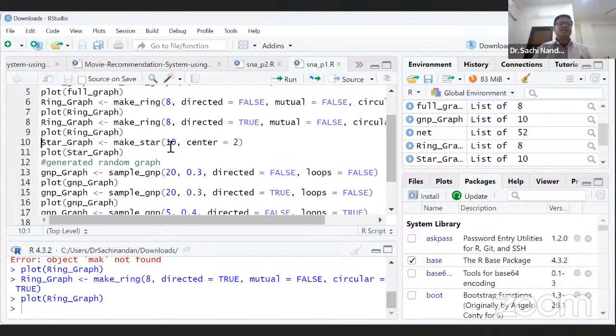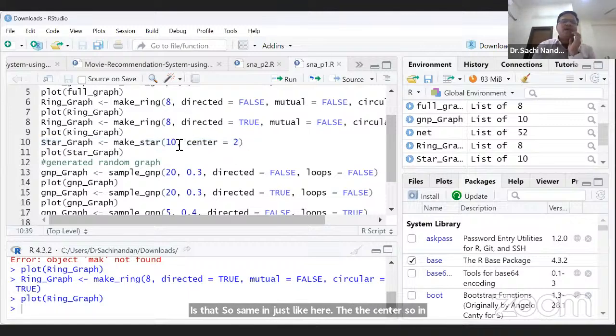Now I'm going to explain the star graph. Suppose you can call it the server and the client. Suppose in your lab, one server and 20 clients are there, right? So how to represent that in a data visualization technique? All the clients are connecting to the server, so you make a star topology, called the star topology in a network. It is just like here. In the star graph, you have to specify which node will become the center.